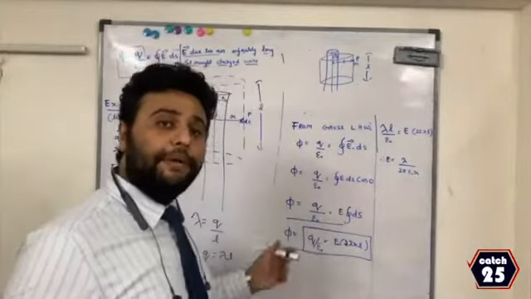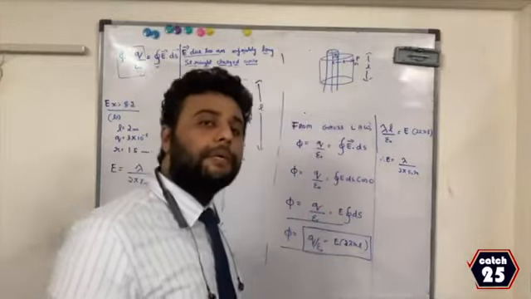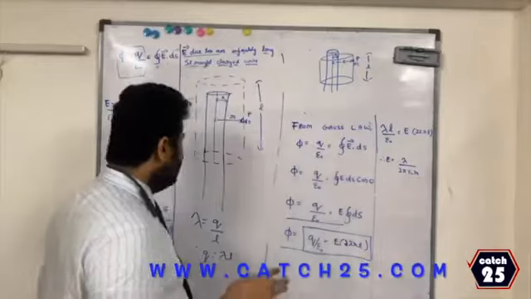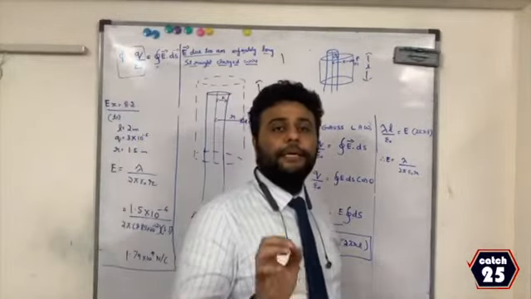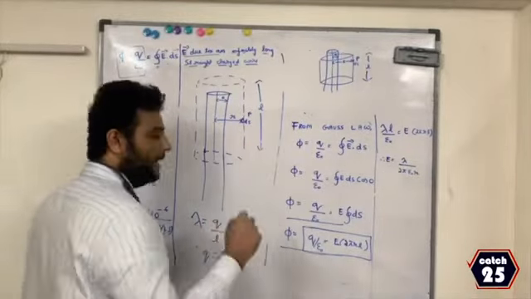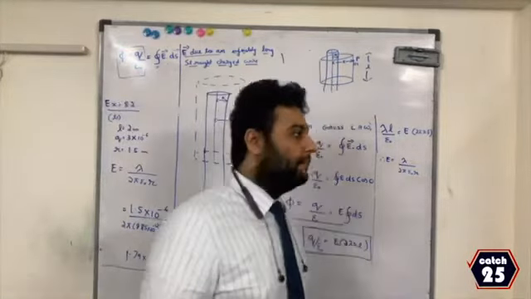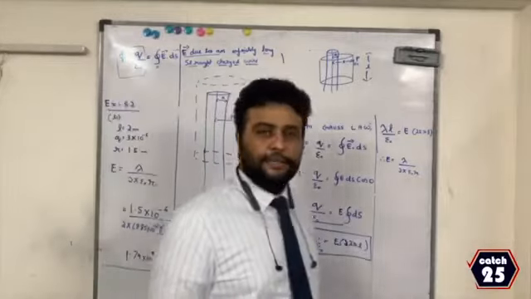In the previous case we had the surface of a sphere, where we had sigma for surface charge density. In the wire, since I have only length, I will take lambda. What is lambda? Lambda is linear charge density, and you know linear charge density lambda is Q by L. Therefore, Q will be lambda L.